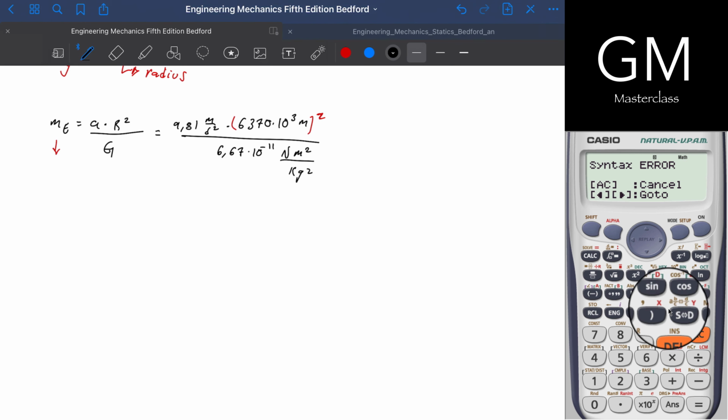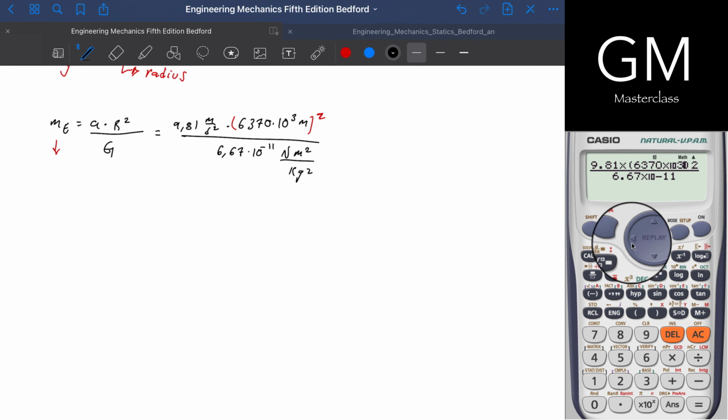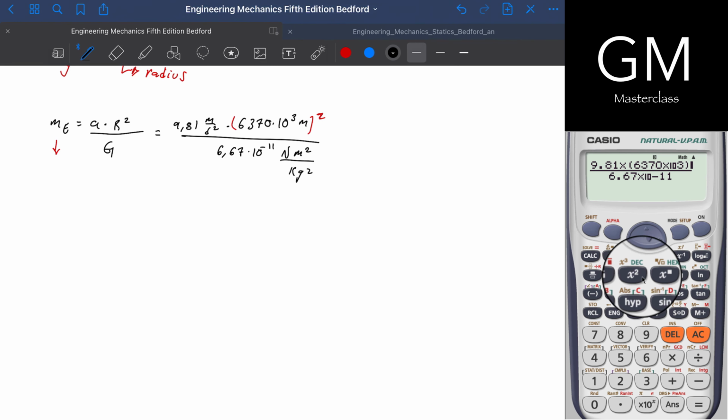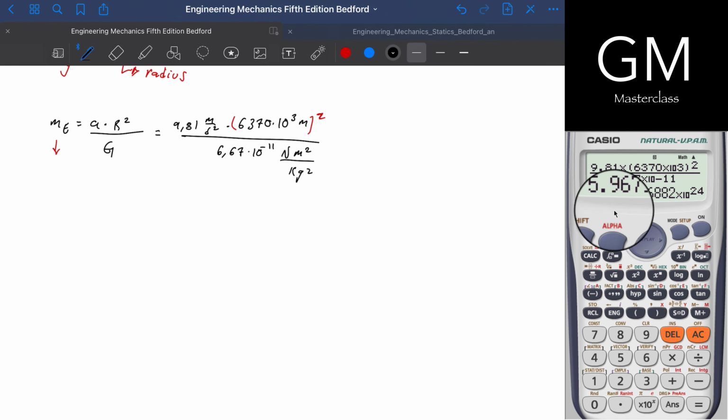Alright, what happened? Times, I'm sorry, to the second power. Now, the answer is the mass of the Earth is equal to 6.9675 times 10 to the 24th power kilograms.